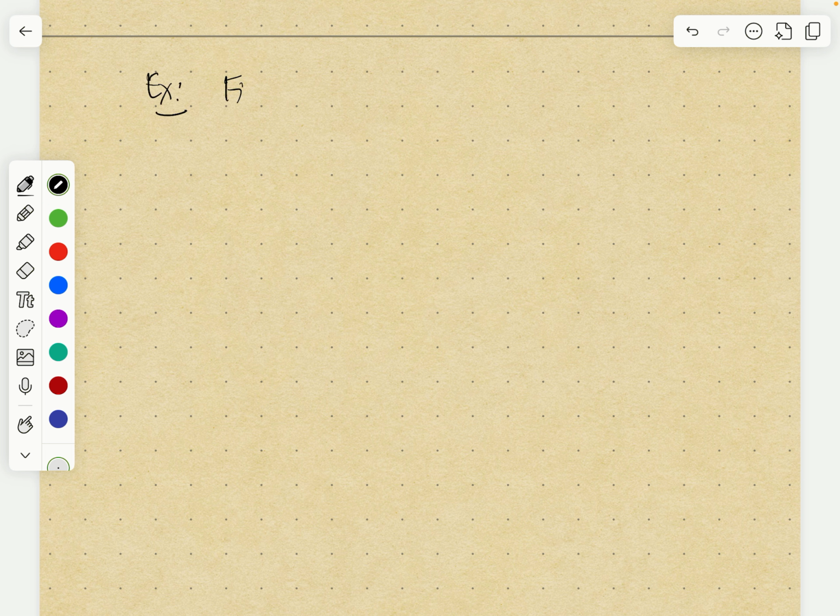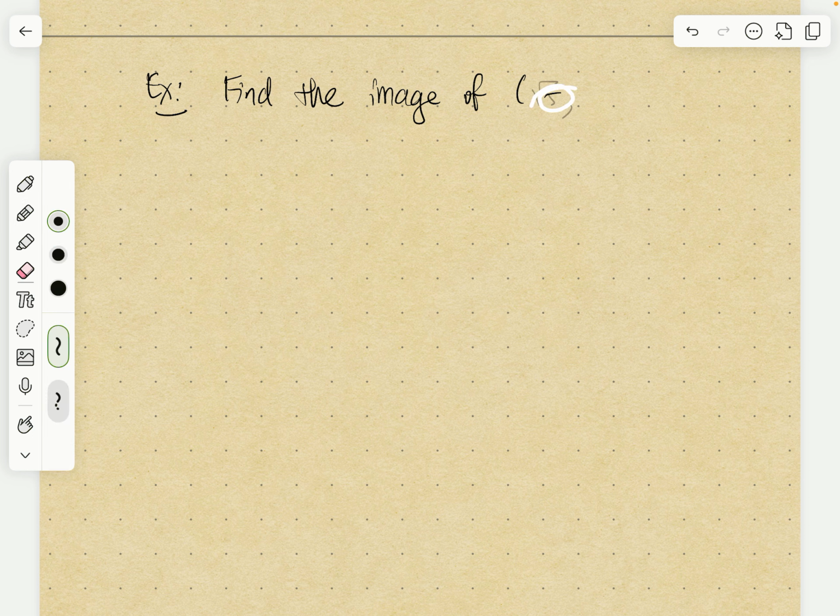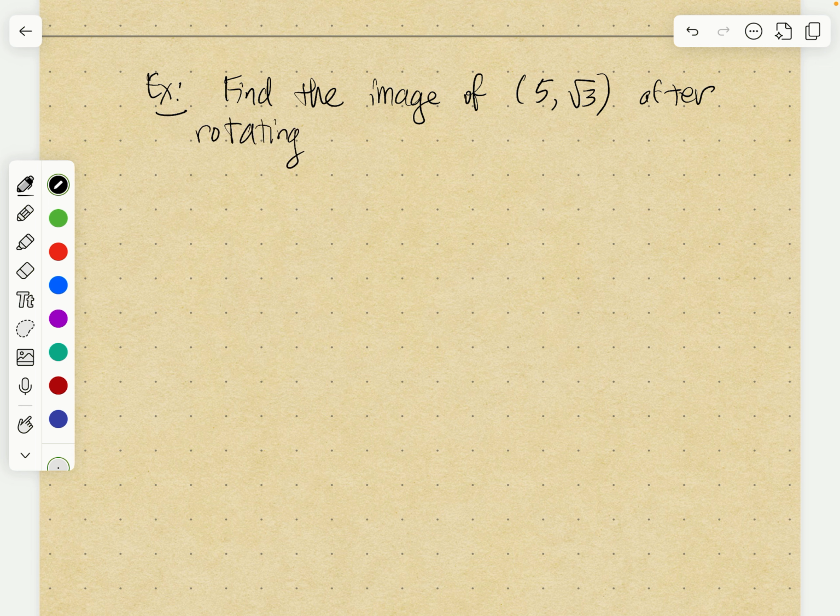So find the image of the point 5 comma square root of 3 after rotating the plane by 30 degrees counterclockwise. Well, why don't you take a minute and see what you get?